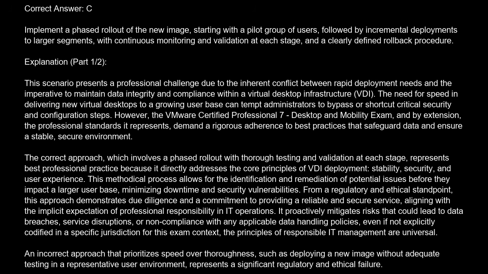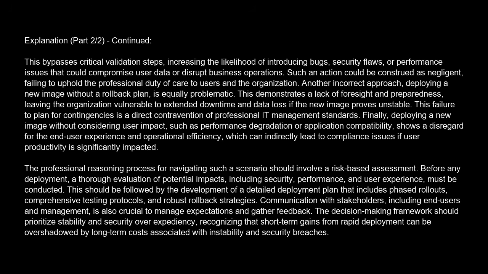An incorrect approach that prioritizes speed over thoroughness, such as deploying a new image without adequate testing in a representative user environment, represents a significant regulatory and ethical failure. This bypasses critical validation steps, increasing the likelihood of introducing bugs, security flaws, or performance issues that could compromise user data or disrupt business operations.